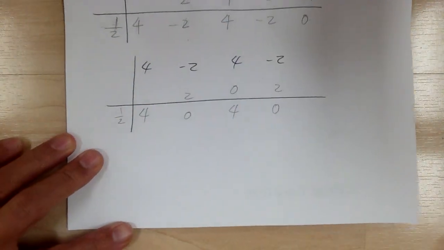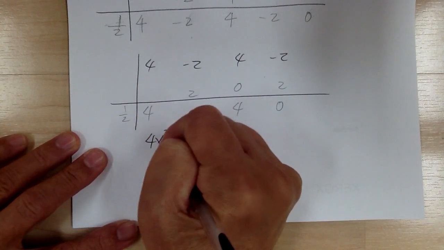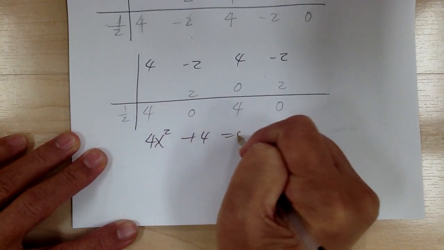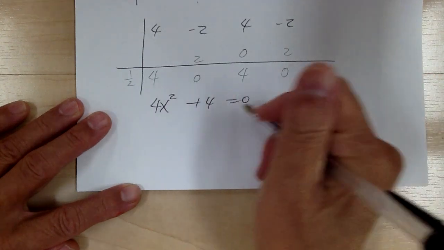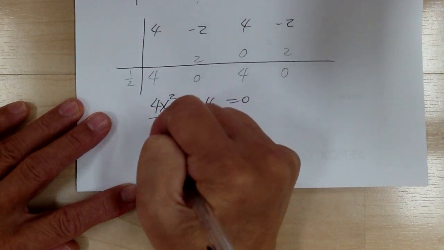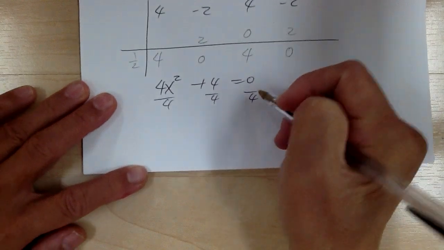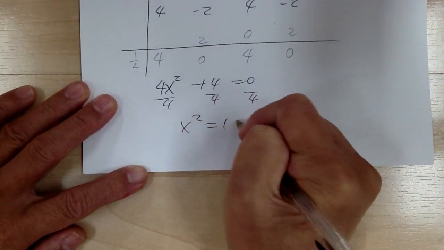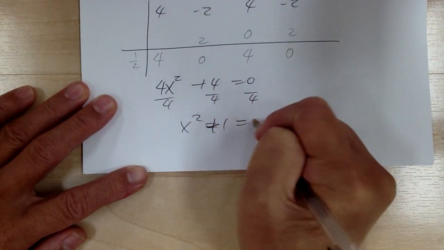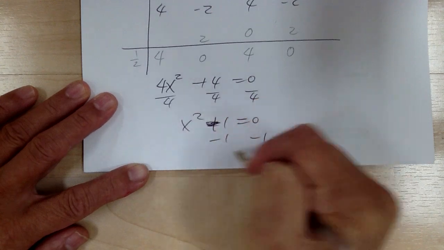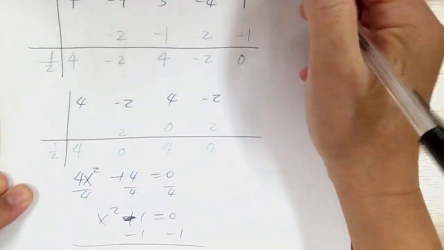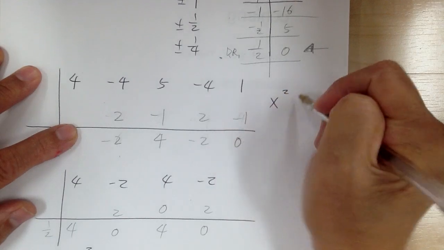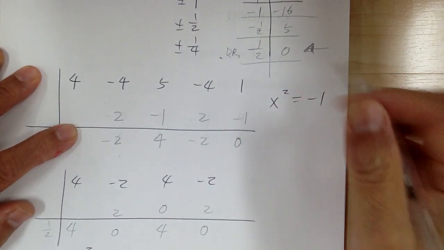So once you do that, now you're going to get 4x squared plus 4 equal to 0. From here you can divide by 4. So you got x squared plus 1 equal to 0. So minus 1 on both sides. You're going to get x squared equal to -1.